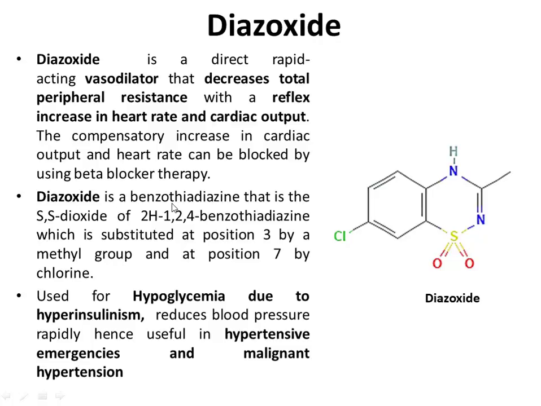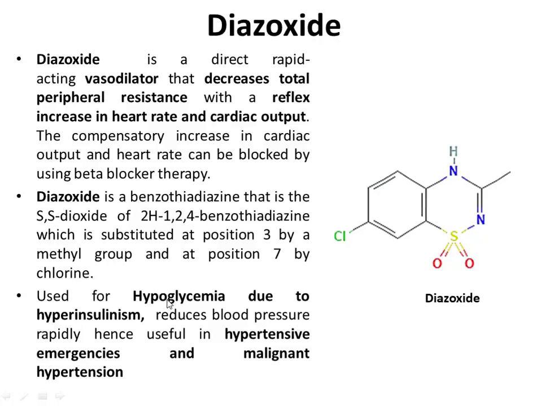Diazoxide is a benzothiadiazine, that is the S,S-dioxide of 1,2,4-benzothiadiazine, which is substituted at the 3rd position with a methyl group and a chlorine group at the 7th position. Numbering starts from this position: 1, 2, 3, 4, 5, 6, 7 and 8, 9, 10.